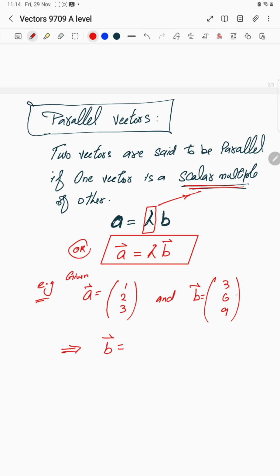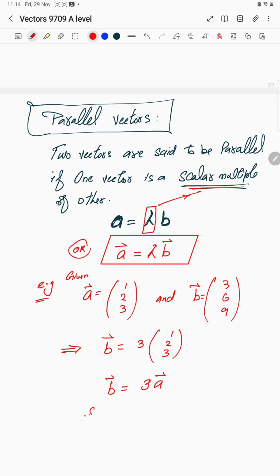If you take 3 common from vector B, 1, 2, 3 is left. So we can say vector B is 3 times vector A, right? Vector B is 3 times vector A.